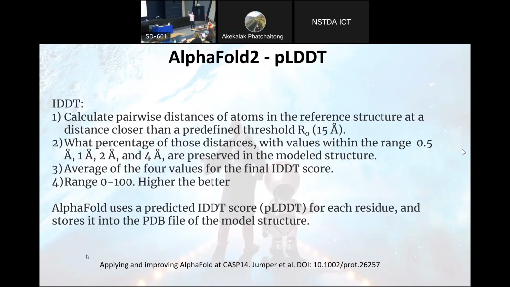You calculate the same distances in your model structure and see how many of those distances are conserved. That's the idea of the local distance score. It's called the lDDT score, and AlphaFold gives a predicted one. And you'll see more, hopefully, with Dave.